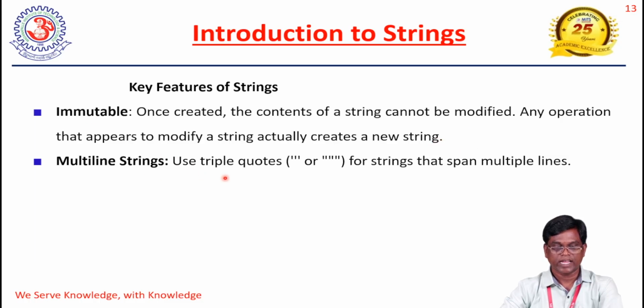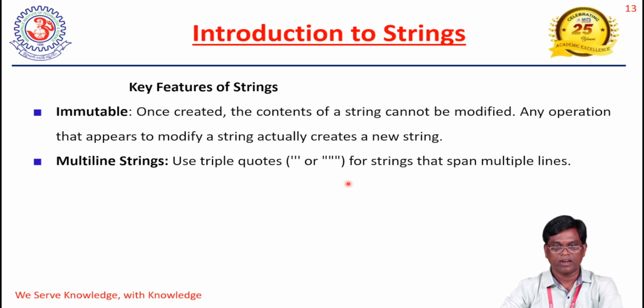Coming to the second one, Python supports multi-line strings. There is a notation with triple quotes. I can use either triple single quotes or triple double quotes for creating a string which occupies more than one line. This feature is very important because in other programming languages, creating a sentence that occupies multiple lines is not possible.